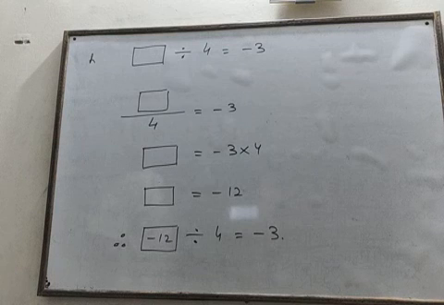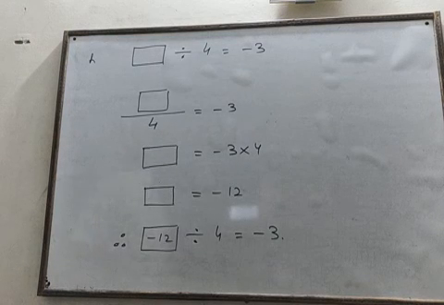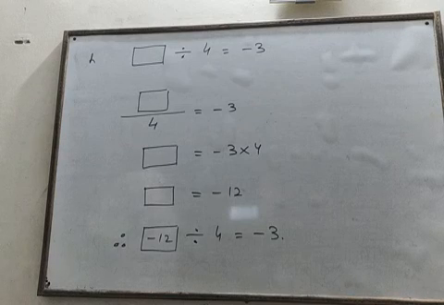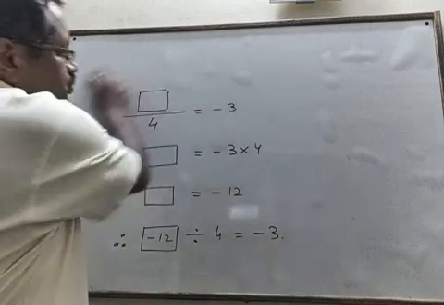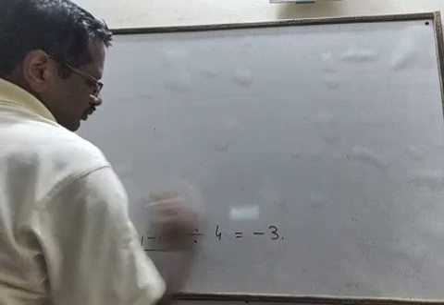Question number 4, write 5 pair of integer a comma b such that a divided by b equal to -3. One such pair is 6 comma -2. So 5 pairs we need to write like this. They have given one example also, 6 comma -2.